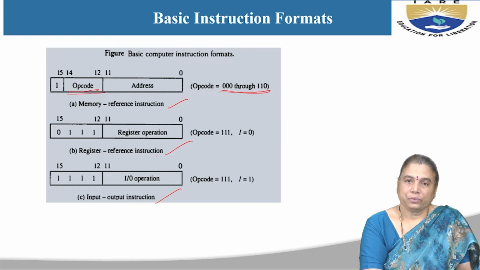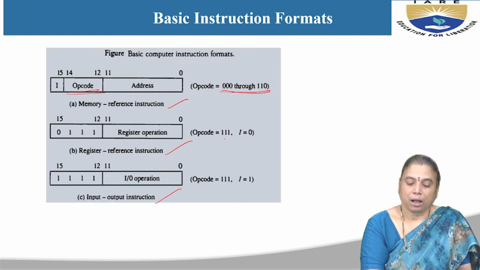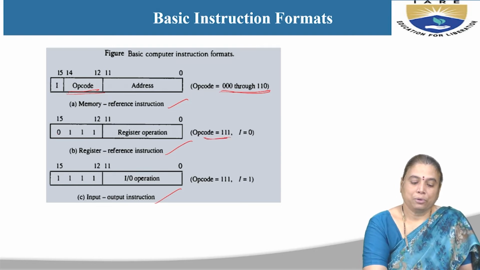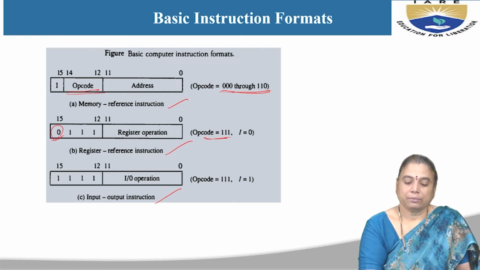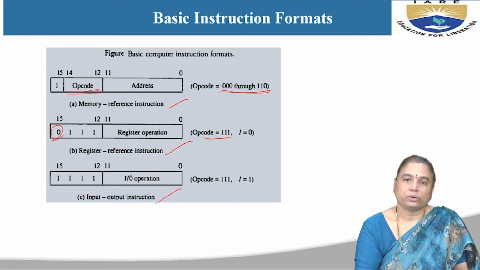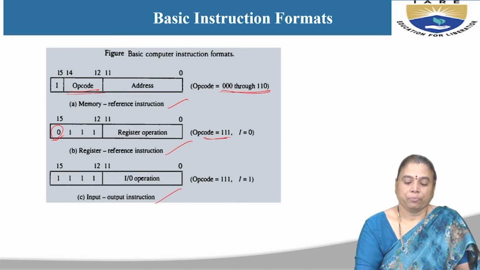In case of a register reference instruction, the opcode value is 111 and the I value is 0. For both register reference and input-output instructions, the opcode value is 111.